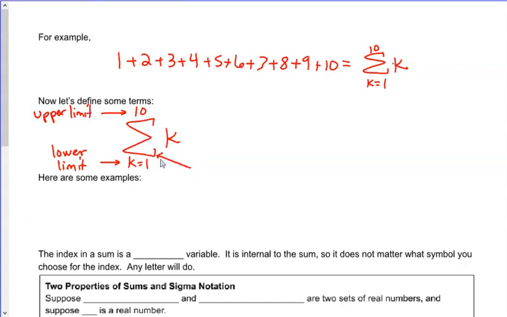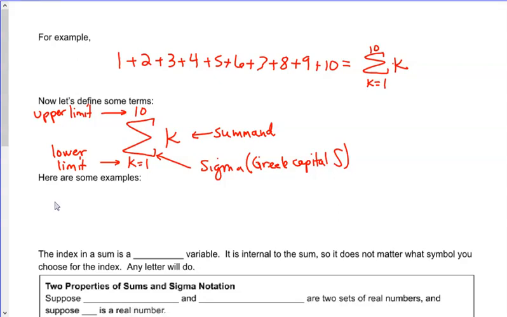This, pointing to here, is our sigma, which is the Greek capital letter S. That's where that comes from. Sigma for sum would be another way to remember it. This is our summand, and that is what we're using to find the sums. Okay, so just some terms for you on that.